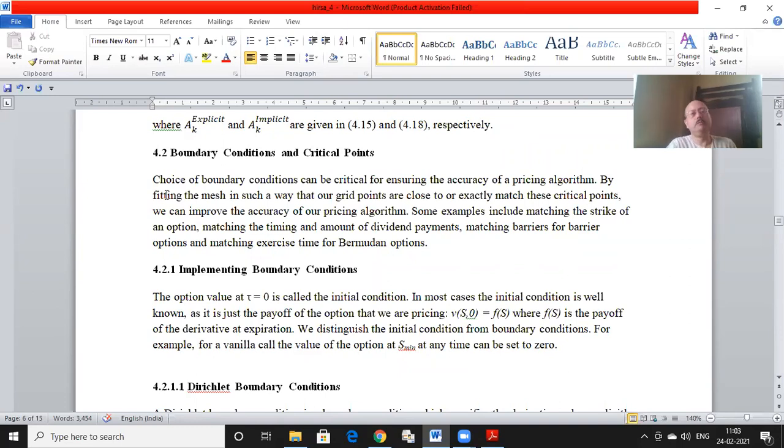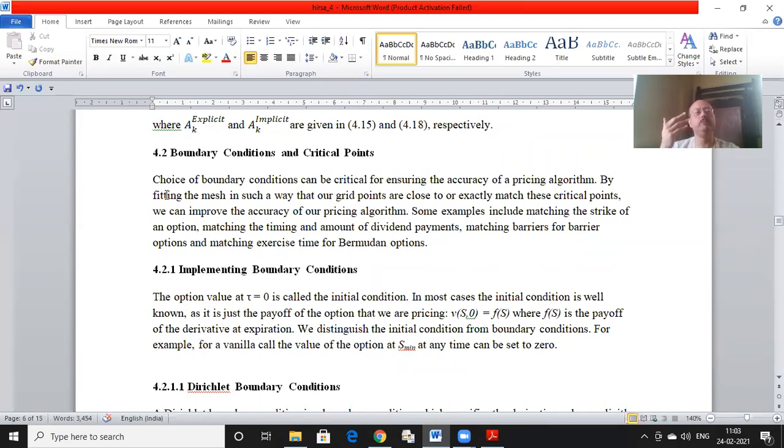So what do we do? We are fitting a mesh. We are basically placing a grid or a mesh, and we want to place it strategically. Strategically in what sense? There are certain values which are more important to us, in the sense of stock prices which are more likely to be realized.